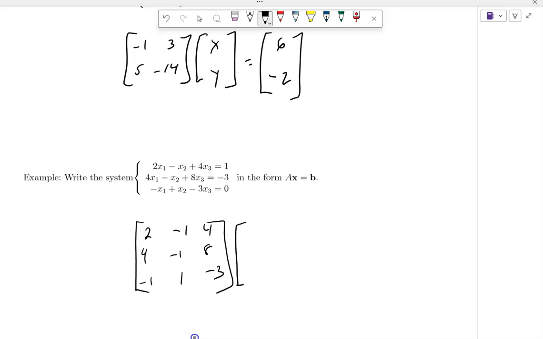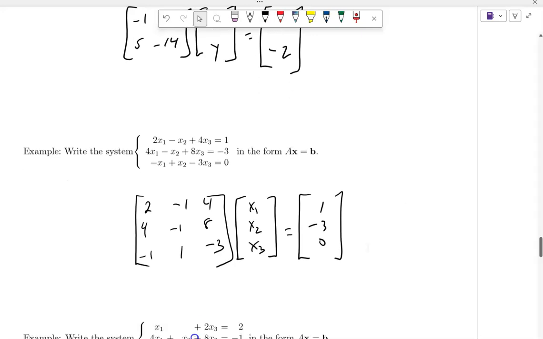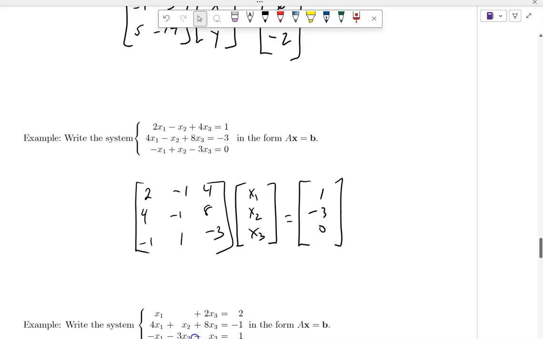What's going to be your column vector next to it? X1, X2, X3, good. And then finally, the right-hand side: 1, negative 3, 0. Good. That okay? That's literally all this part is, just writing it in matrix form. That's all there is to it.